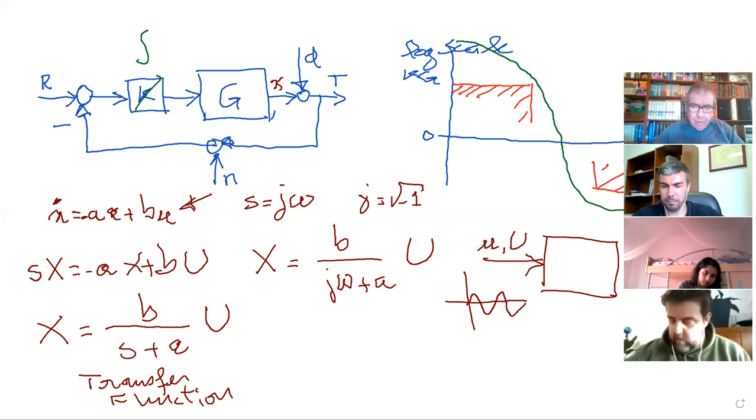Okay? And here I will have a sinusoid of the same frequency. But the amplitude is shifted. So if this is, say, sine of omega t, at the output I will have a gain, let's call it capital A, sine of omega t plus some phase.